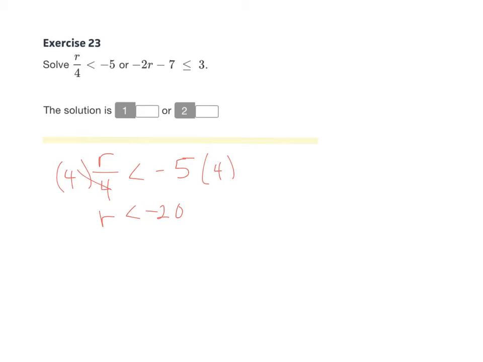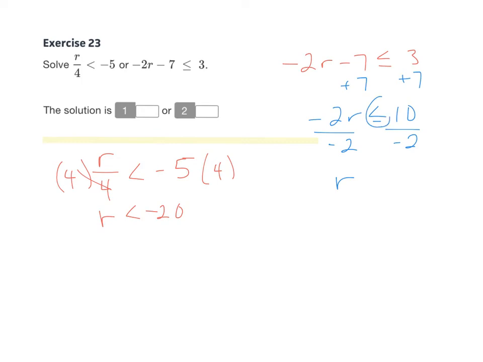Now let's look at the right side, which is negative 2r minus 7 less than or equal to 3. We're going to start out by getting rid of this negative 7. So the inverse of negative 7 is adding 7. That gives us negative 2r less than or equal to 10. Divide both sides by negative 2.